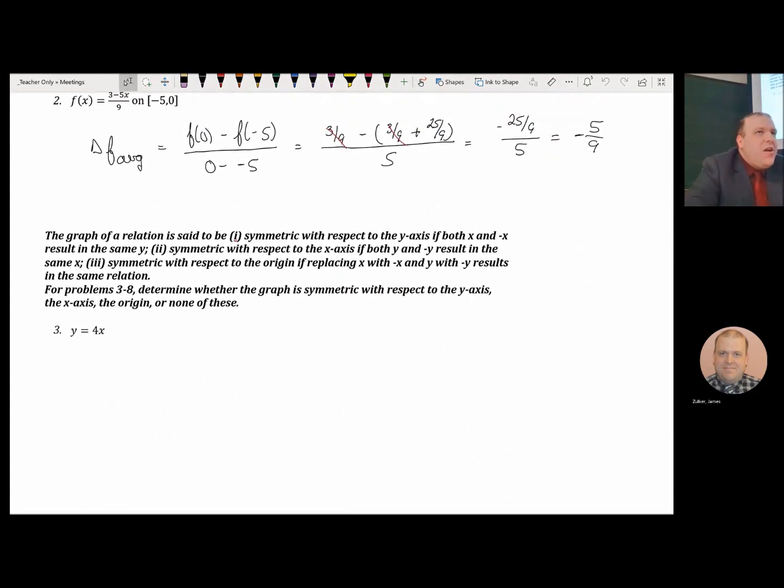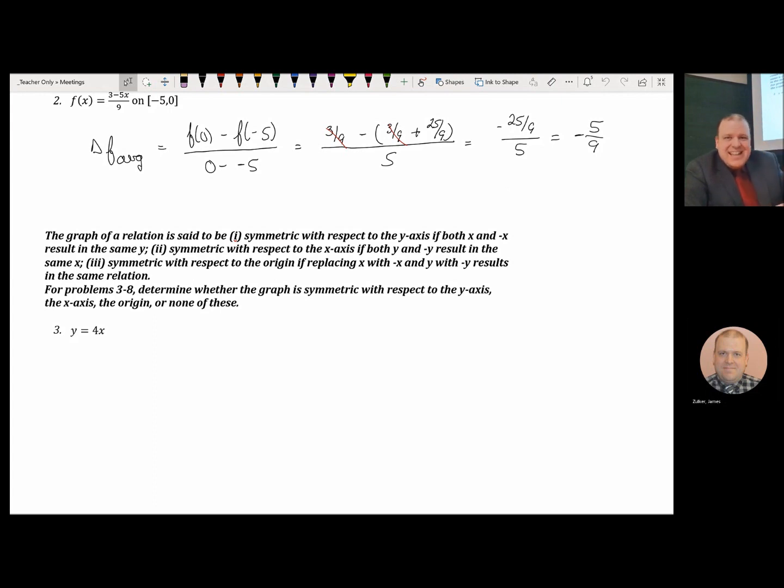So the idea of symmetry. Graph of a relation, so not talking about just functions. A parabola is a function. A circle is not, but they both have graphs. They're both relations.